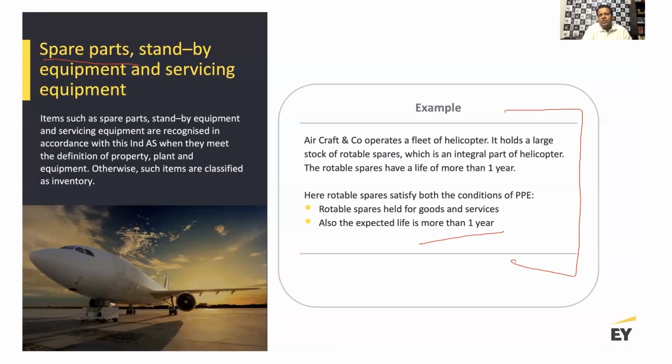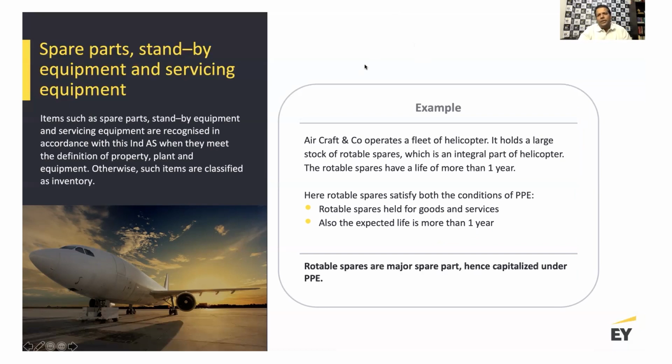If it meets the definition of property, plant, and equipment, the answer is that it should get capitalized as spare part under Ind AS 16, and then you'd also start providing for depreciation under Ind AS 16. So this distinction is important for us to understand, whether it will be classified as part of property, plant, and equipment, or it will be classified as part of inventory. And once you're clear on that, then of course accounting will be fairly simple from there onward.